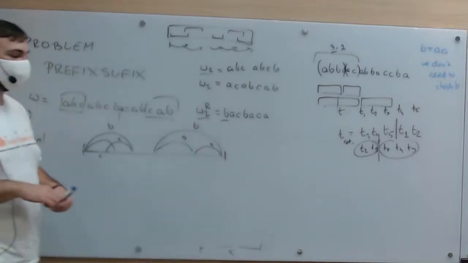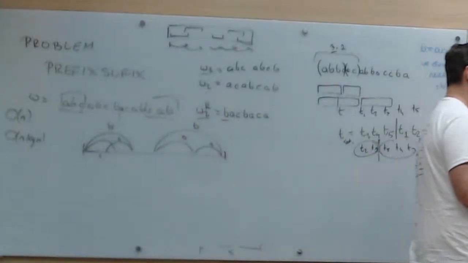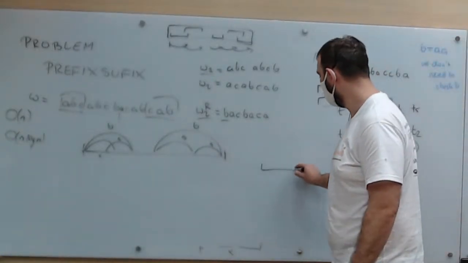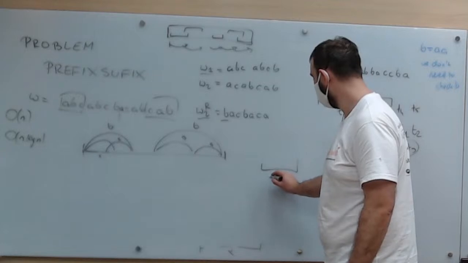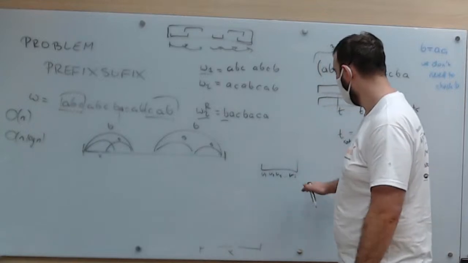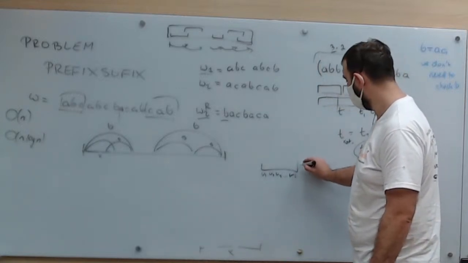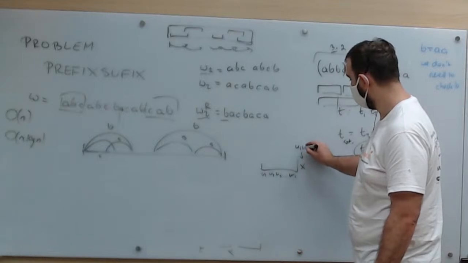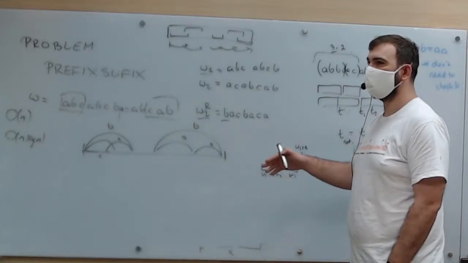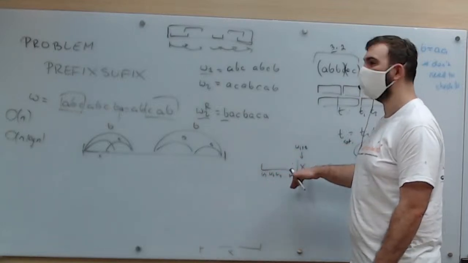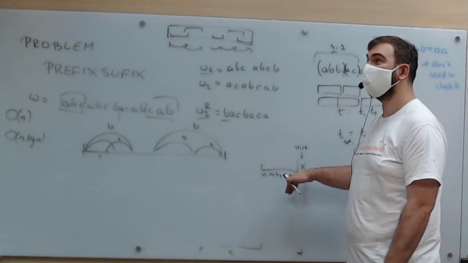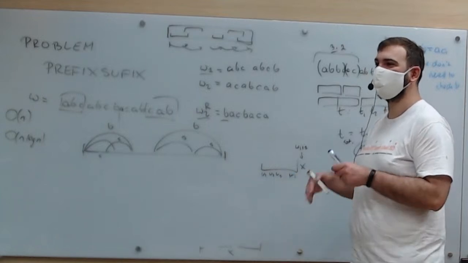So the goal right now is to have some kind of iterative algorithm that knows the answer for W1 to Wi, and from this we want to go to add one letter, Wi plus 1, and get the answer for this whole word. So now we will be adding new letters, and we want to somehow reason about the whole template for the whole word. It wasn't a very huge clue, but I want to show you in which direction we are going.